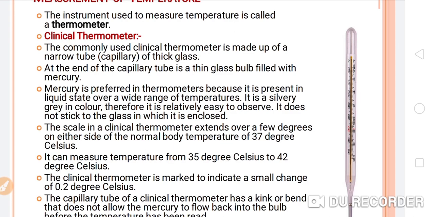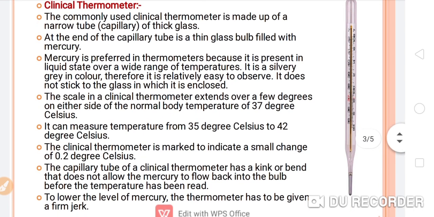A narrow glass tube exists here, which is a capillary tube. At the end of the capillary tube is a thin glass bulb filled with mercury.